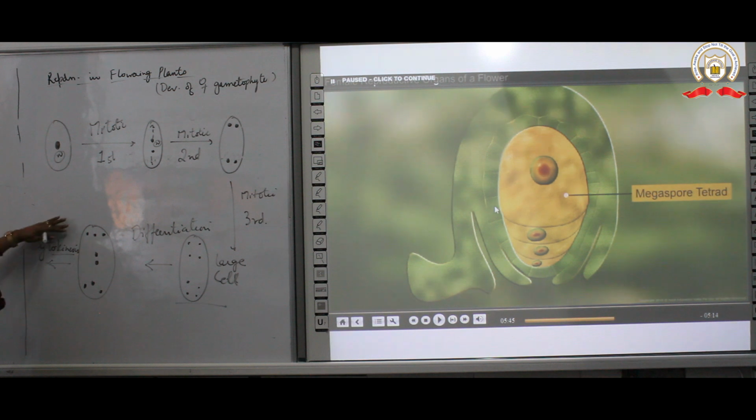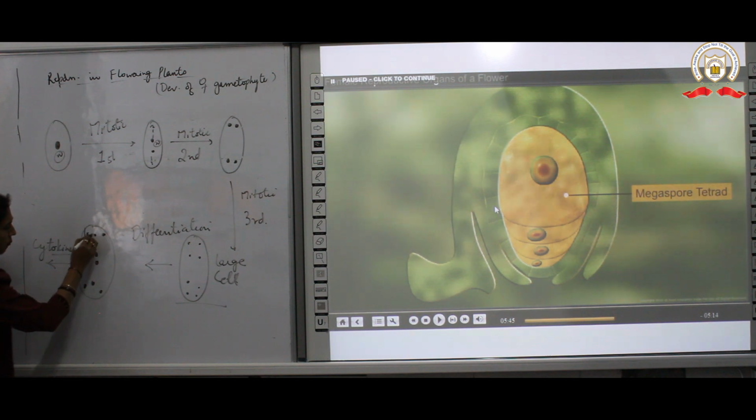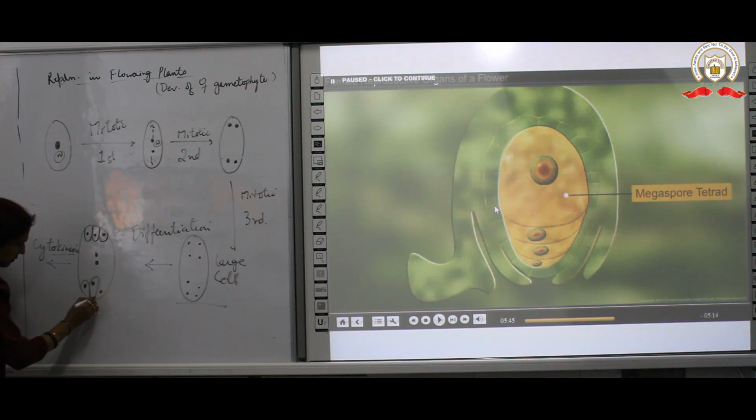From here we move further to see how this differentiation is completed and how the formation of an embryo cell takes place. Now you can see cytokinesis is occurring, and this will lead to formation of 3 cells at one end, 3 cells at the other end, and 2 nuclei in the center.